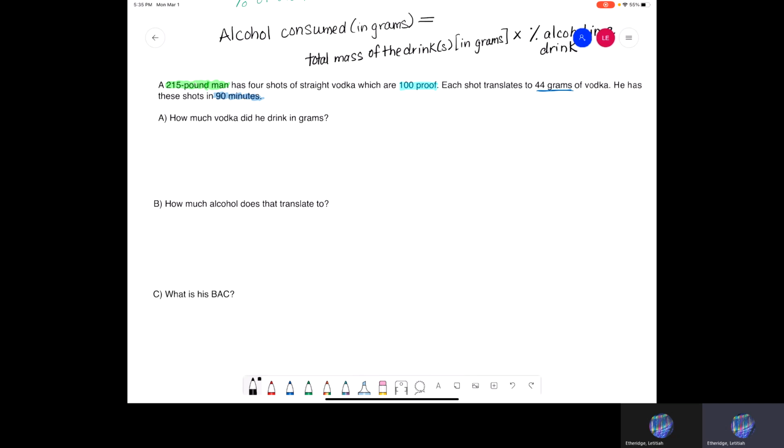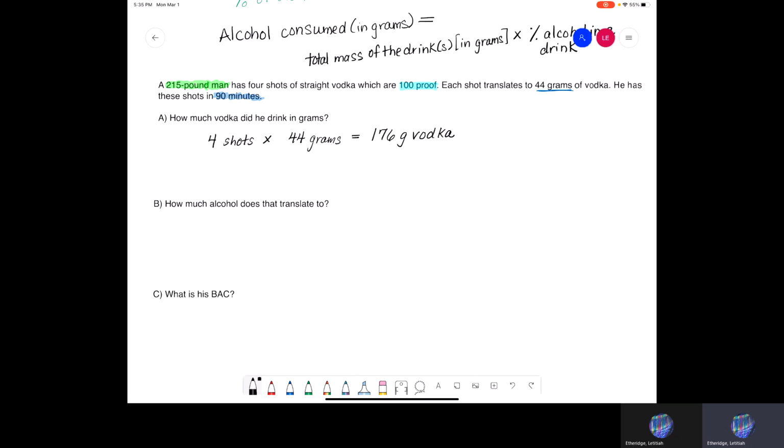Well, it says my man had 4 shots of vodka, and each shot was 44 grams. That means that he had 176 grams of vodka.